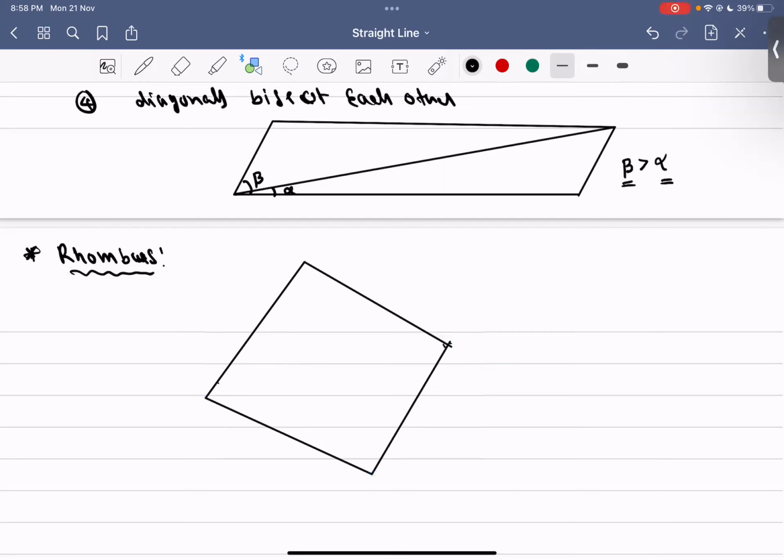Suppose this is A, B, C, D. Now in a rhombus, this is a diagonal. Here in rhombus, diagonals bisect the angles, that is angle alpha and alpha, and all the lengths are the same.